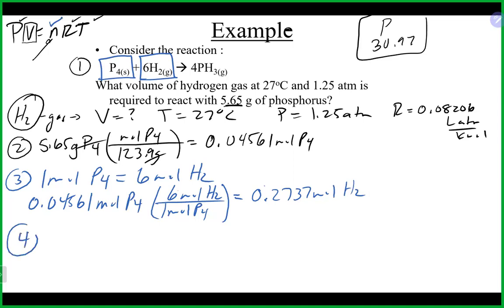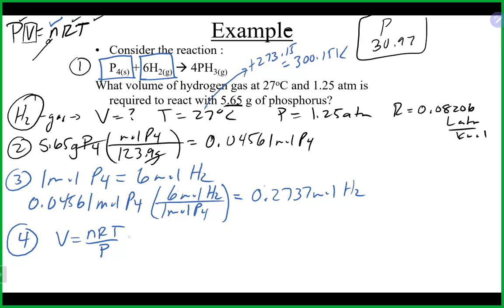Step 4, we are going to use the ideal gas law. Here we're going to solve for volume, which is very common at the end. Once again, before we go in there, we got to make sure our units are correct. So here we will add our 273.15 to convert our temperature into Kelvin like normal, and that will give us 300.15 Kelvin.